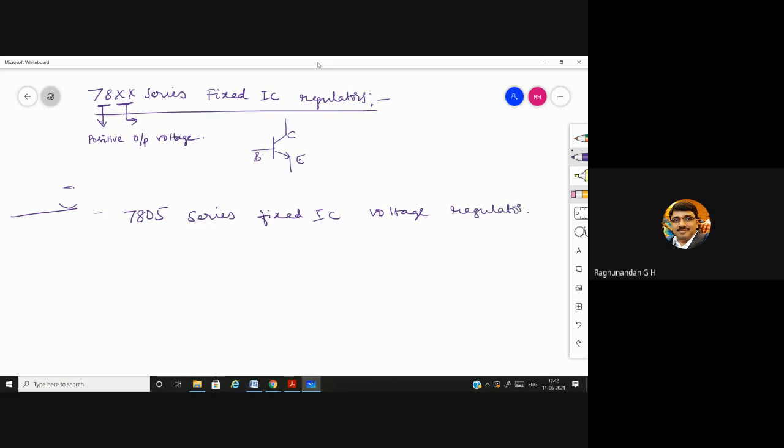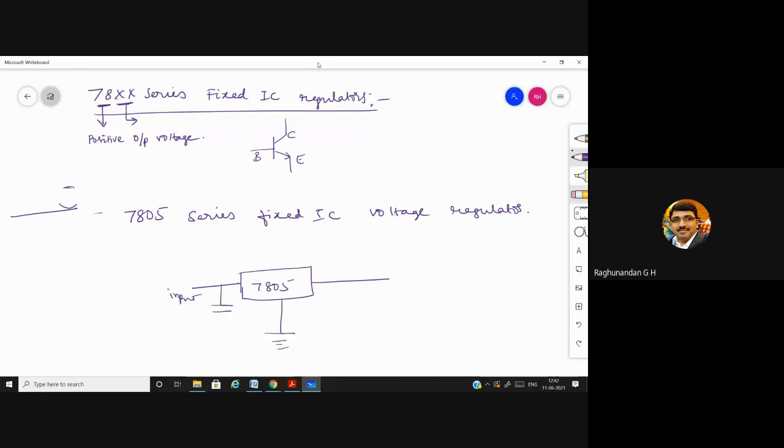So this is an IC 7805. As I told, 78 indicates it is always going to give a positive output. And this is the input, and we have the ground.